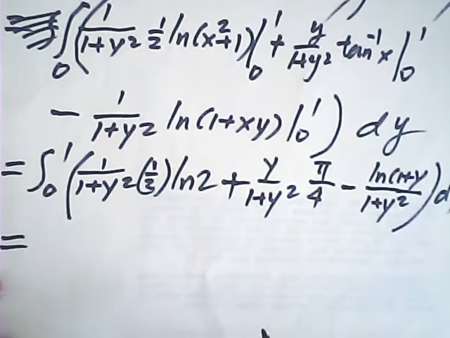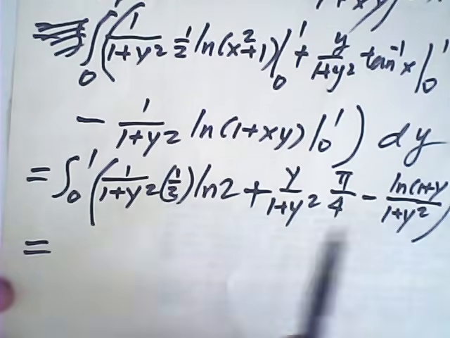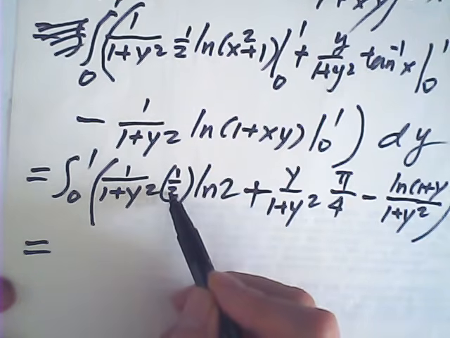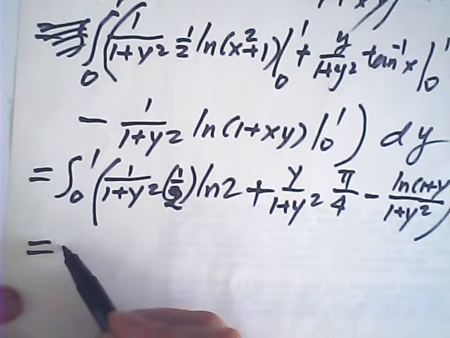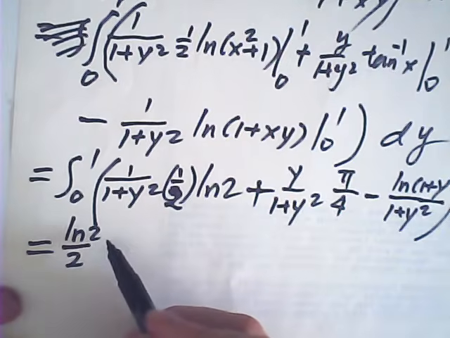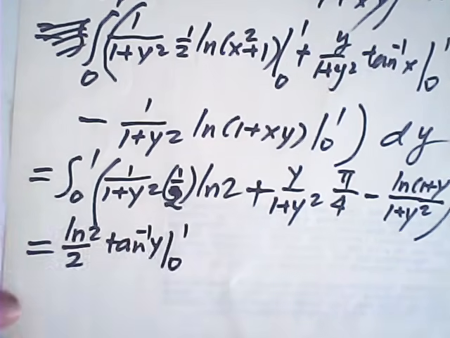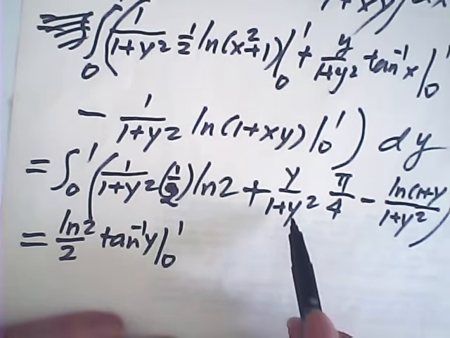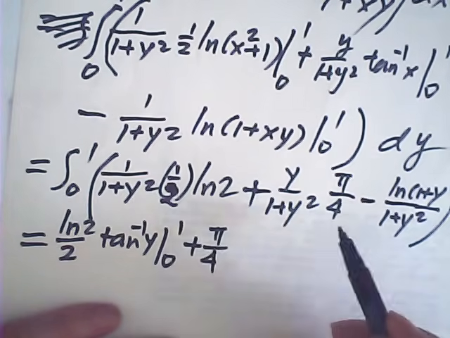Okay, this, integrating with respect to y. This is half log 2. This integral is arctangent y from 0 to 1, that is quarter pi.